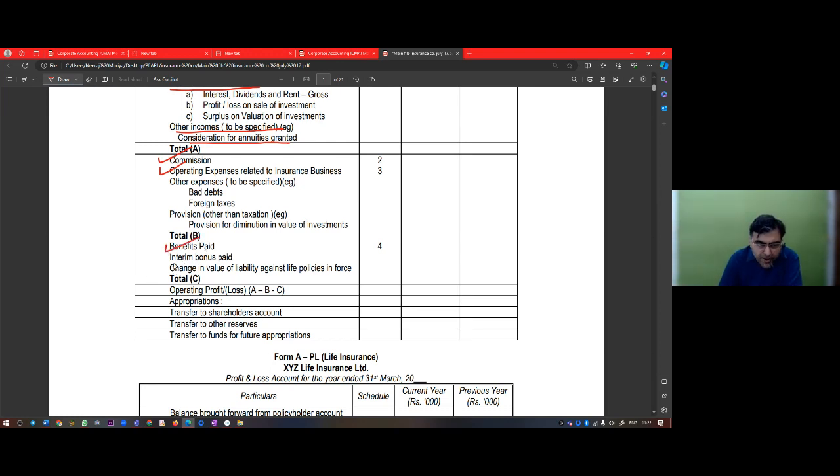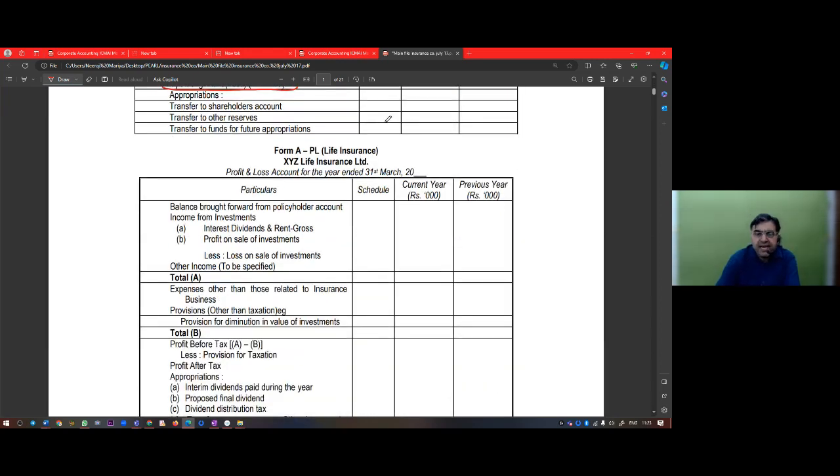I will talk about interim bonus later on. So 1 plus other items is the revenue, 2, 3, 4 are expenses, and the resultant will be the operating profit. Schedule 1 is premium, schedule 2 is commission, schedule 3 is operating expenses, schedule 4 is benefit paid, plus something else which we'll talk about practically. For the time being, ignore the P&L account.